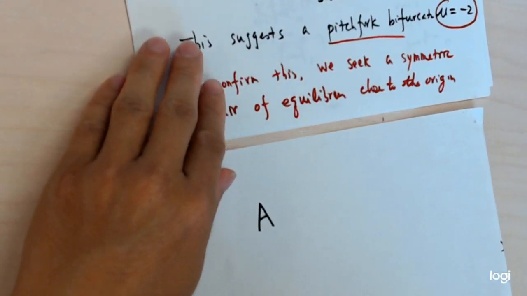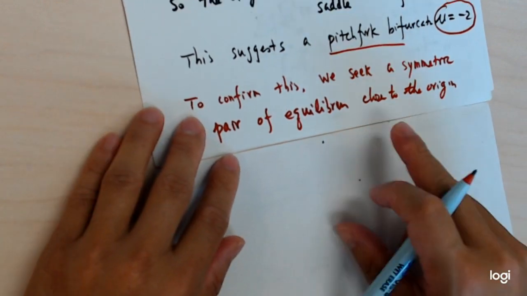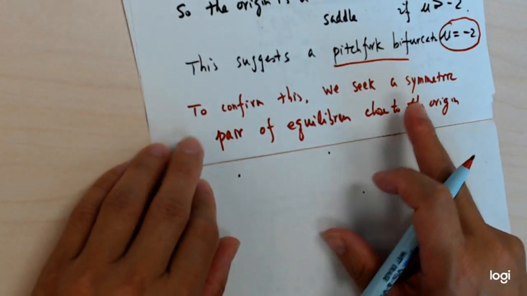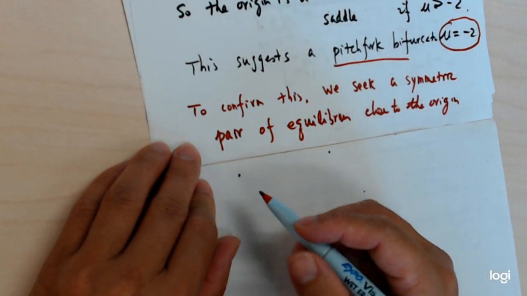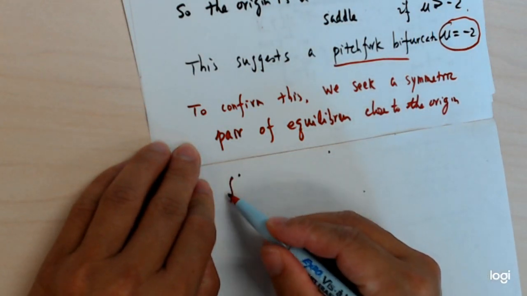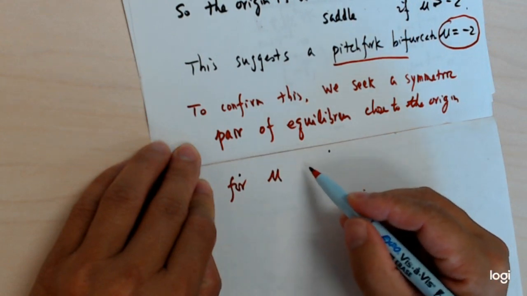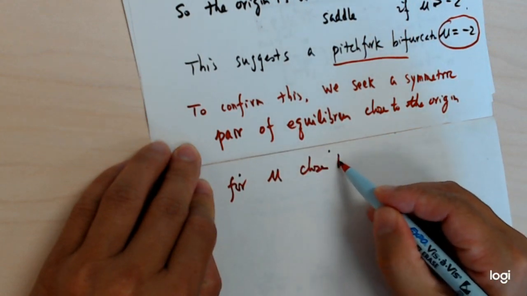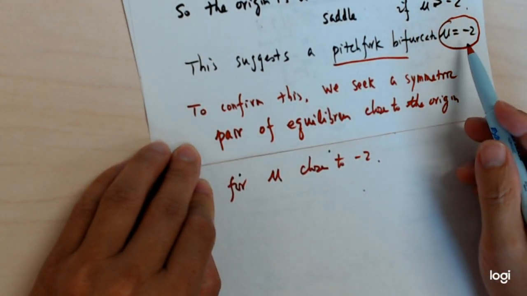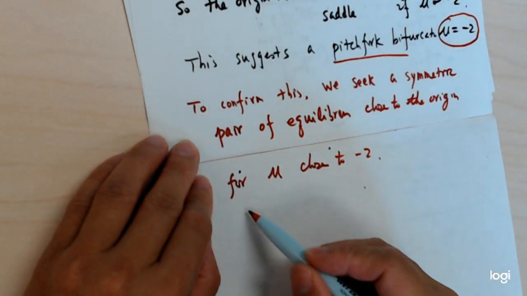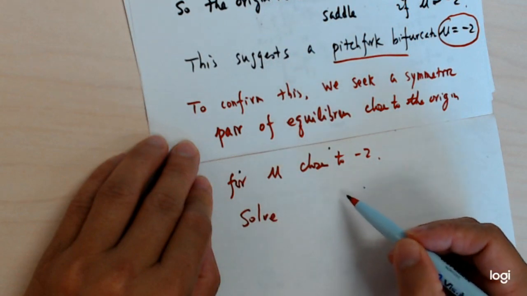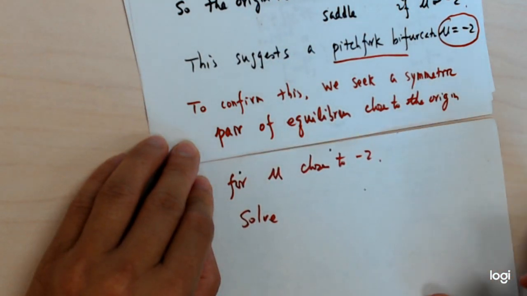So I can only approximate this and confirm this. That's why we seek a symmetric pair of equilibria close to the origin, for mu that is close to -2. Because at -2, there's probably just one equilibrium. So I have to solve this equation here.